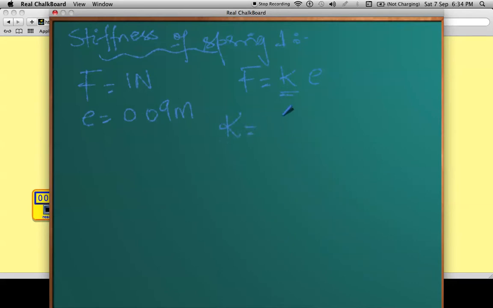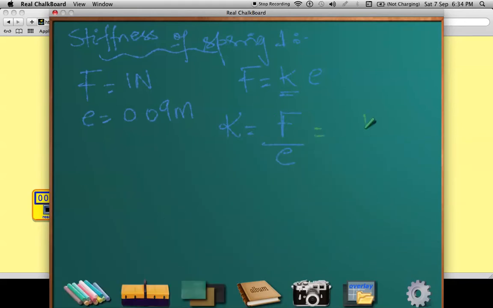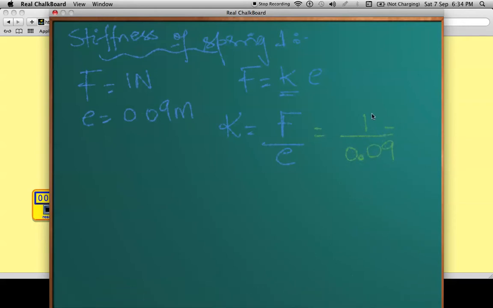This becomes K equals F divided by E. So F is 1 divided by 0.09, which would be approximately, since I don't have a calculator right now, about 10 or 11 newtons per meter. This is the stiffness of spring 1.